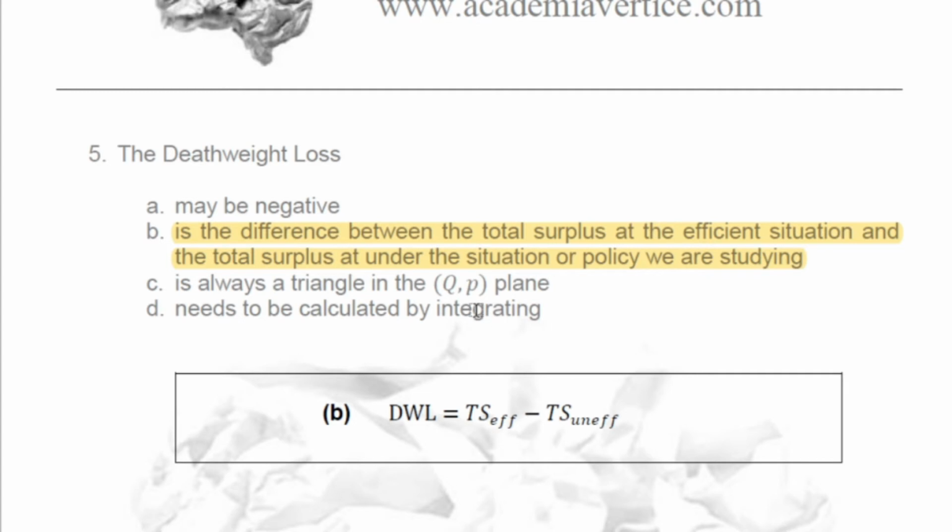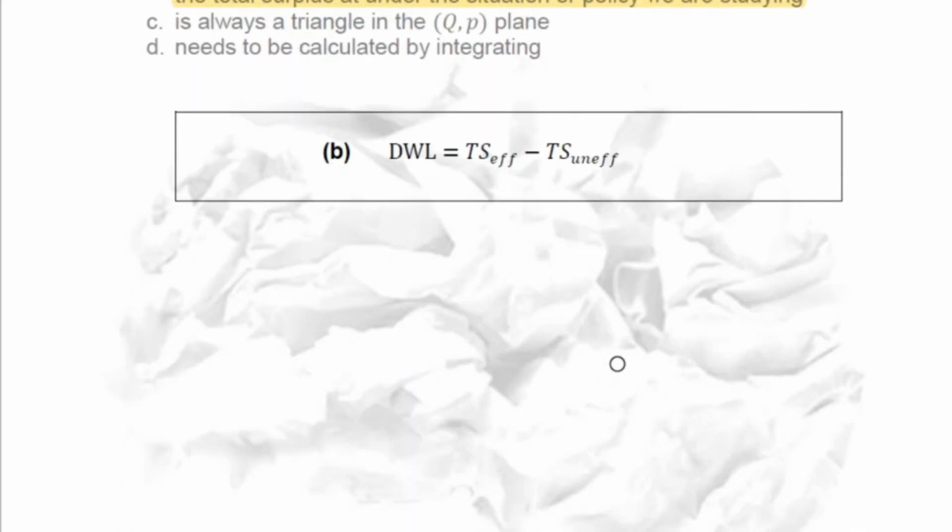So it's easy, it's B, yeah. This is the definition I usually give you for deadweight loss. Okay, total surplus under the efficient situation minus total surplus under the inefficient situation, that usually is under a certain policy, yeah. Well, because we don't see externalities in this course, the efficient situation is when the government doesn't do anything.